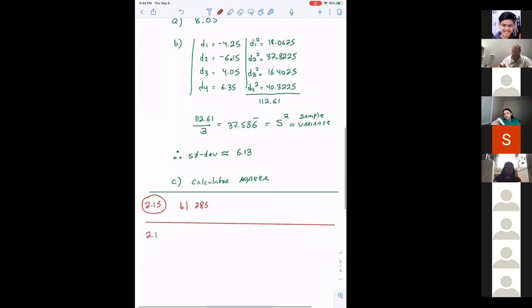We're going to go on to 2.16, which is the median of the exercise of the previous problem. What is the median? Well, hold on, I didn't do it yet. Don't write the answer down. I gotta do it.